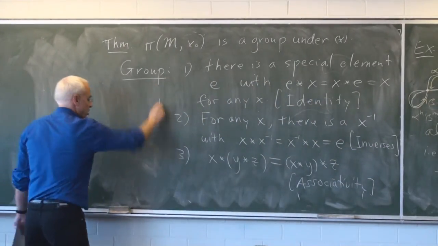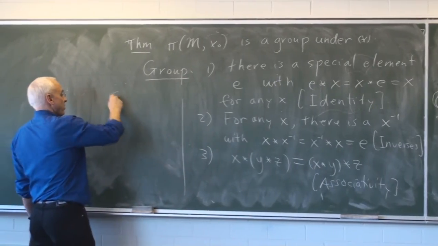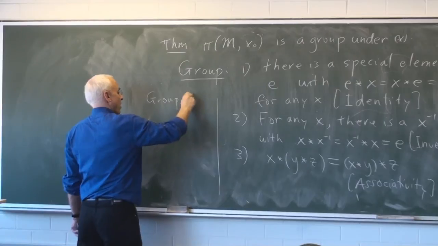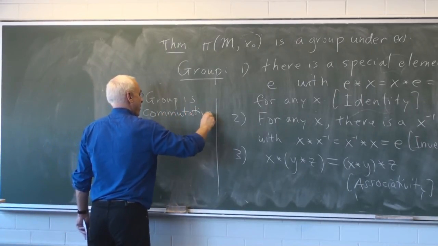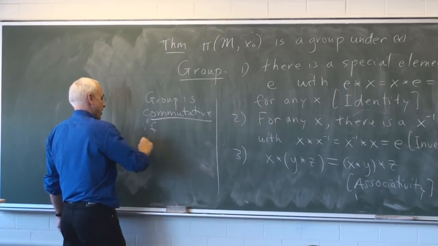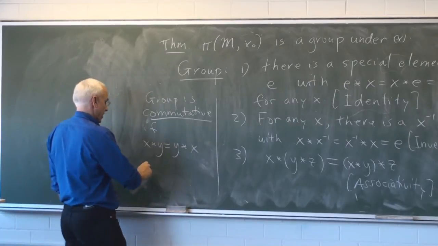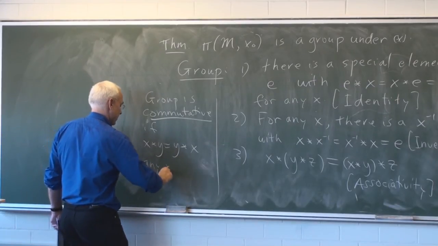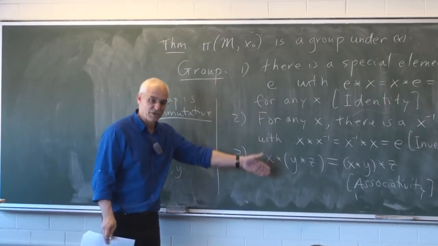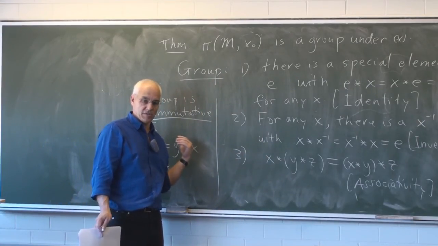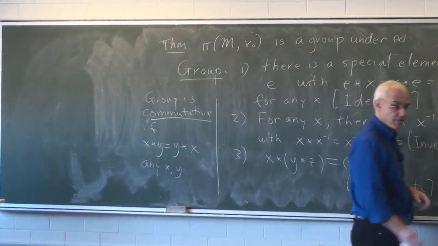And there's then an additional property which is not one of the parts of the definition, but a group is called commutative if in addition, X times Y equals Y times X for any X and Y. But the actual rules for a group do not insist that it be commutative, so we're also considering non-commutative groups.